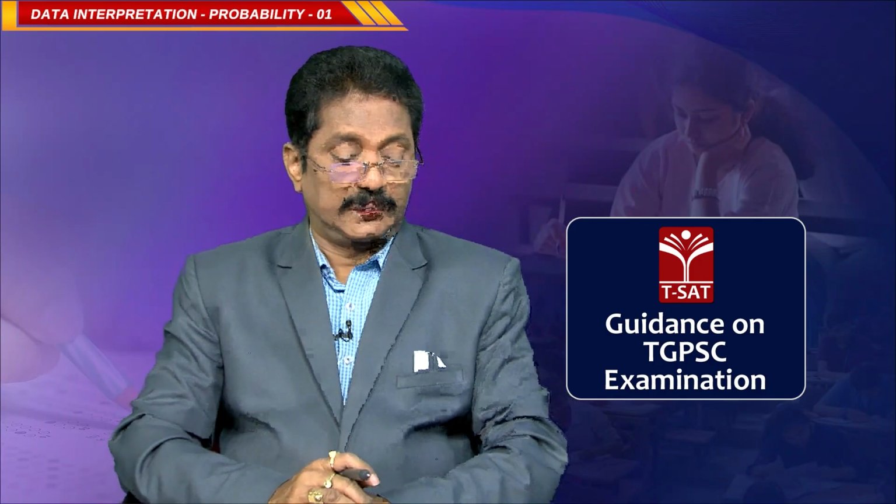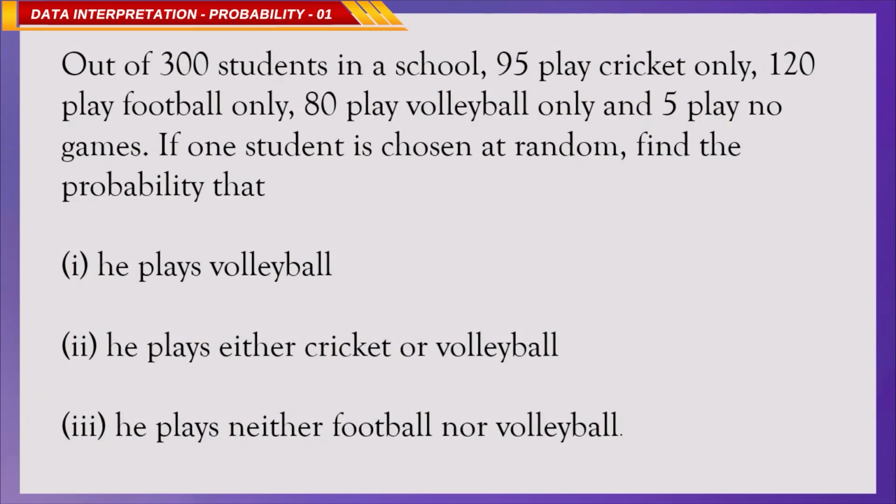Now, out of 300 students in a school, 95 play cricket only, 120 play football only, 80 play volleyball only and 5 play no game. If one student is chosen at random, find the probability of the following. There are 300 students, so total outcomes is 300.